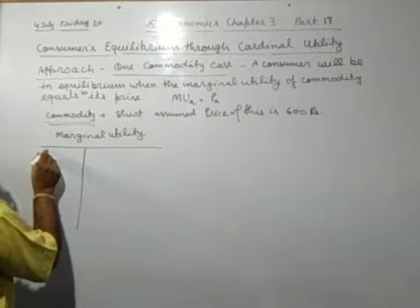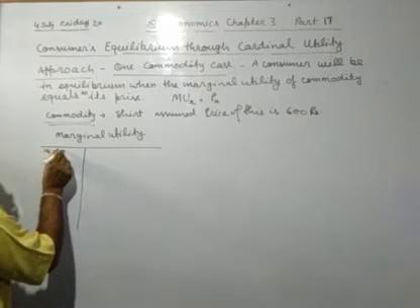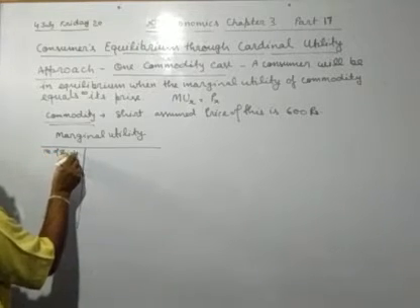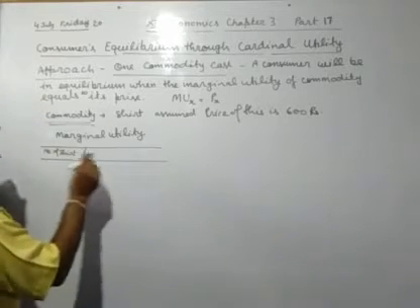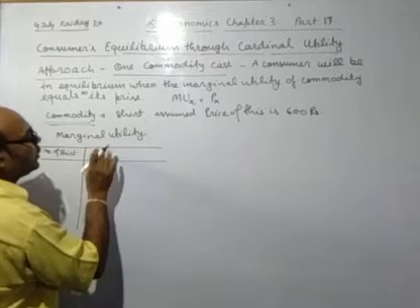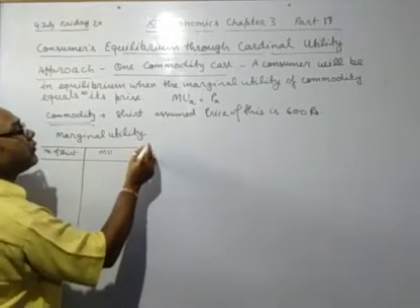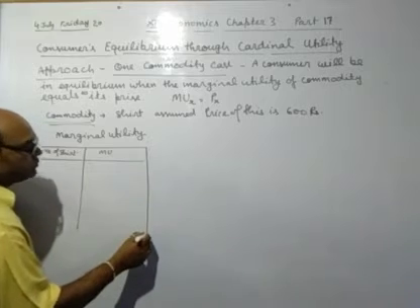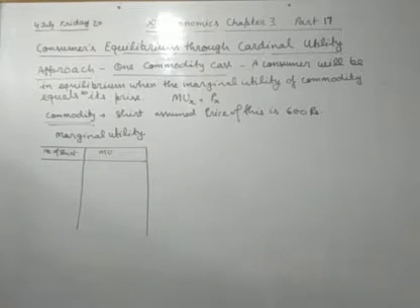This is the number of salt and this is the marginal utility. What you get from the consumption of salt.